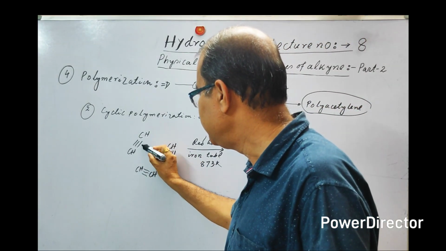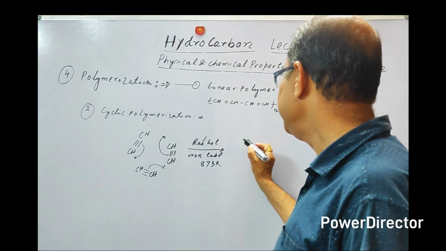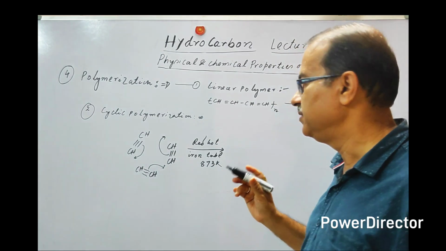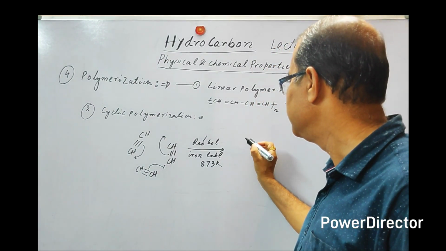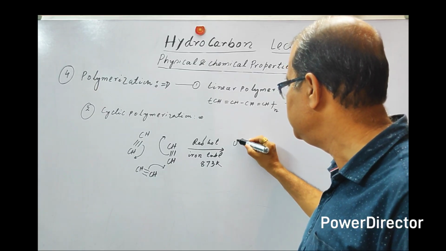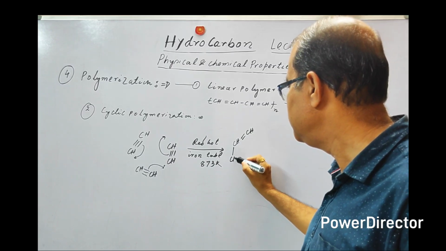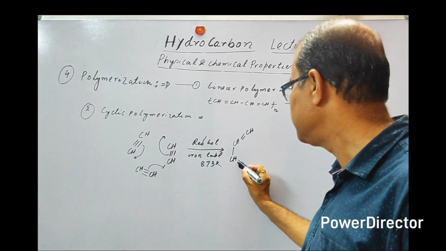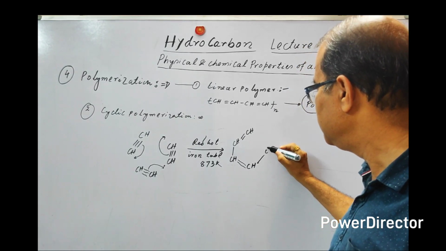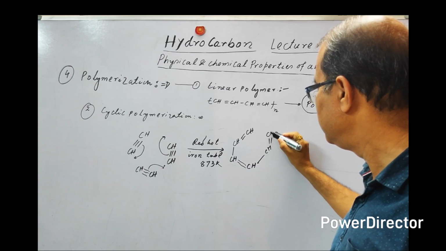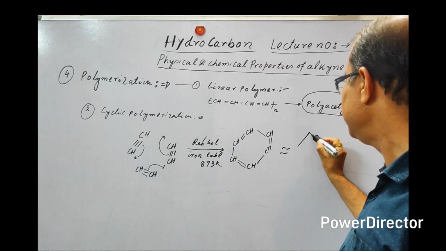You can easily understand that this will go into this, and this will go to this, and it is going to produce benzene, the aromatic hydrocarbon. So you can understand this CH double bond, CH single bond, because we know in benzene there is alternate single bond, double bond, single bond, double bond. So you can write this in this way.